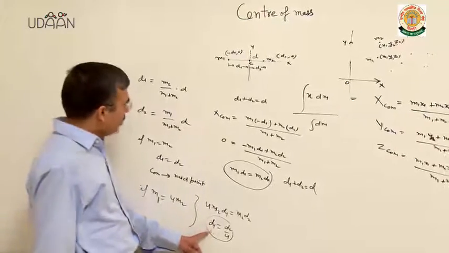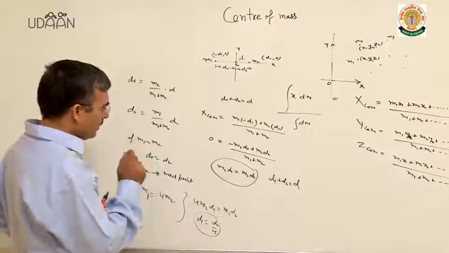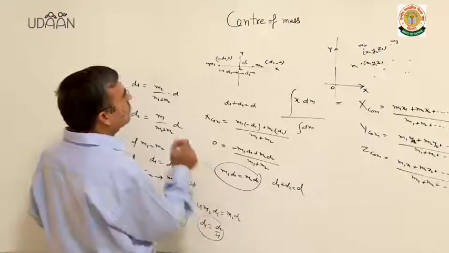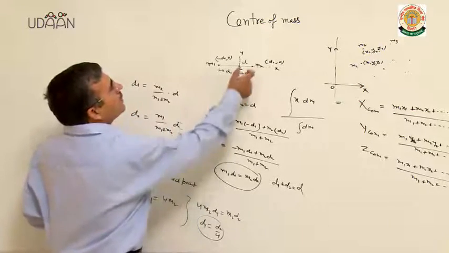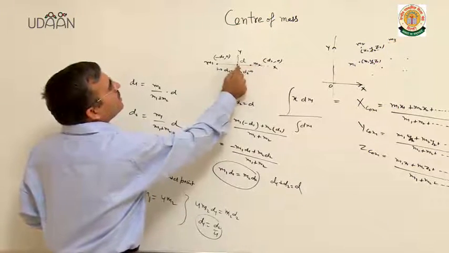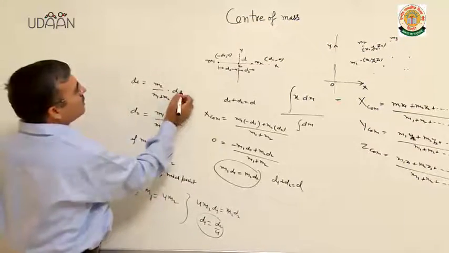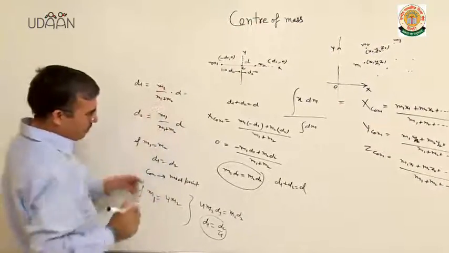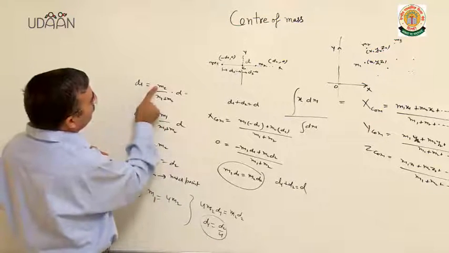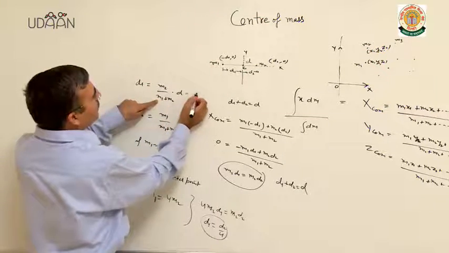Clear? d1 equal to d2 over 4. So d2 is large, means that distance will be large. It means the center of mass will be nearer to m1. And you can calculate directly from here. m1 is 4 times m2, so 4 plus 1 is 5, it is d by 5.